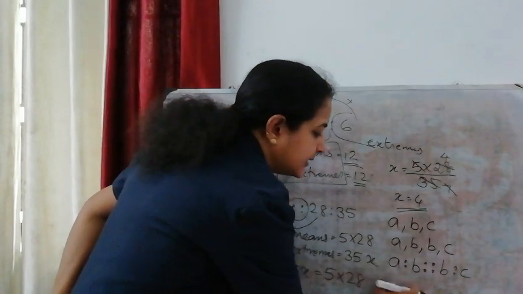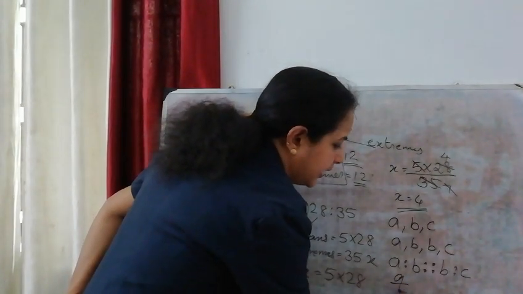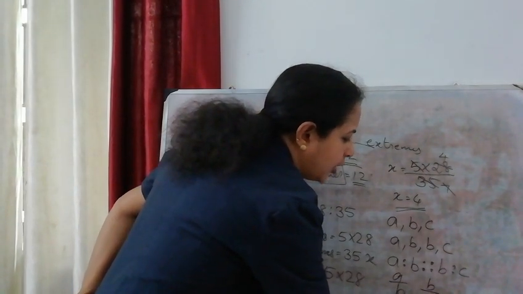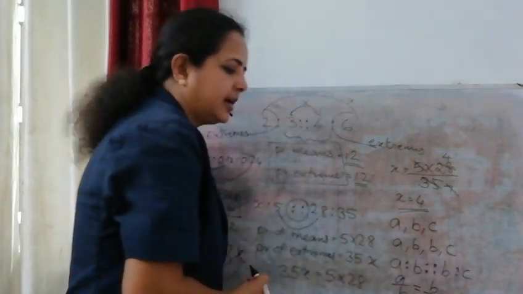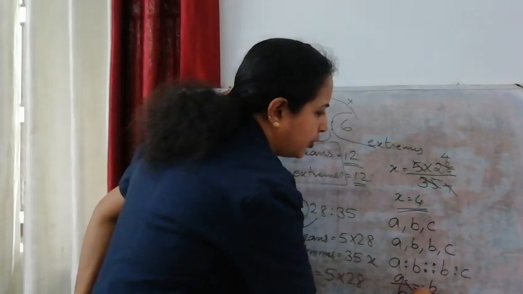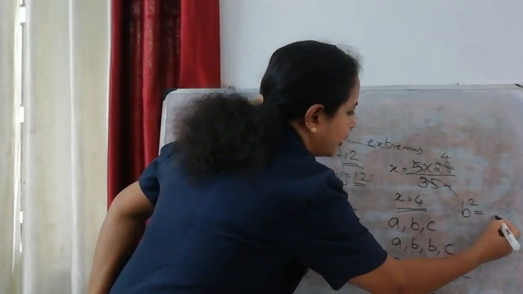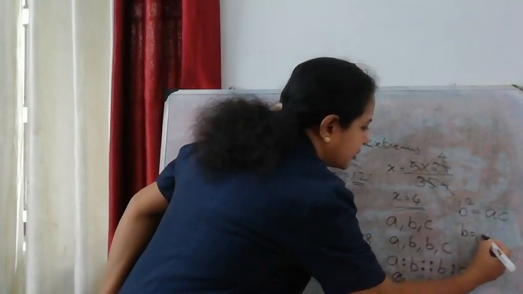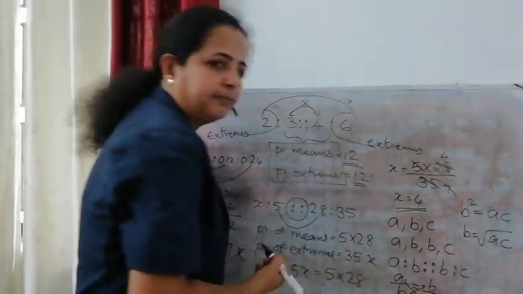A is to B is the ratio A by B. B is to C is the ratio B by C. They are equal. Equal means A into C is equal to B square. B square is equal to AC. Then B is equal to square root of AC.